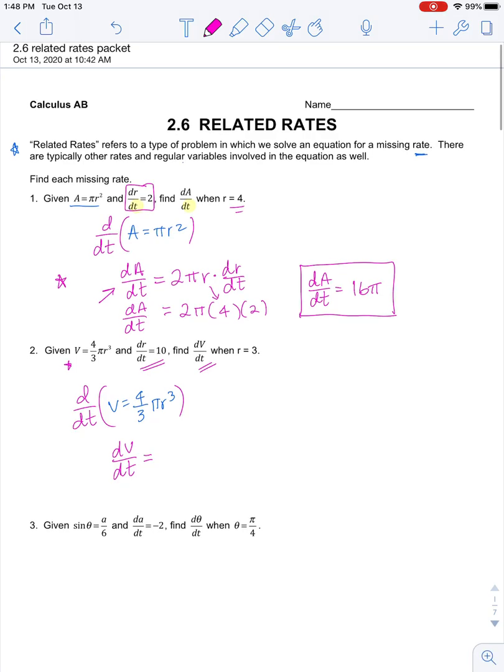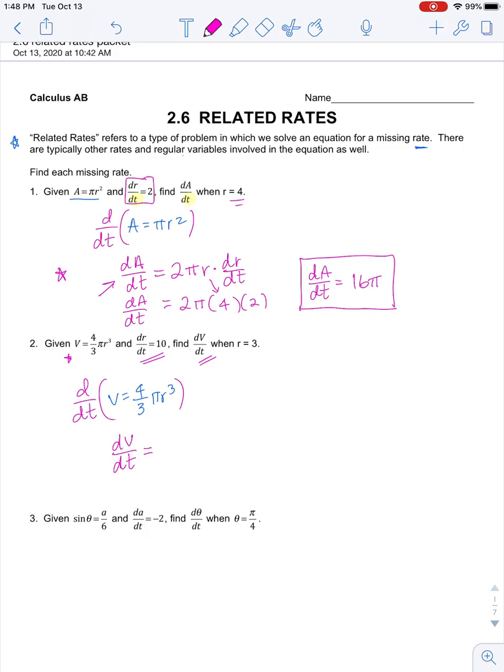Now I'm going to do the power rule on the right side. There's only an r variable there, so I bring down the 3, decrease the power by 1, and then multiply by dr/dt. These 3's will cancel, so dV/dt is 4 pi r squared times dr/dt.